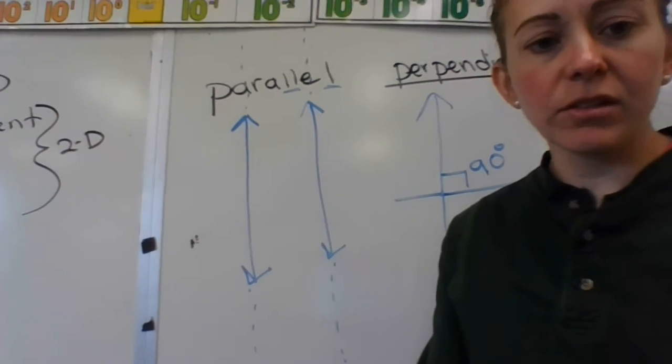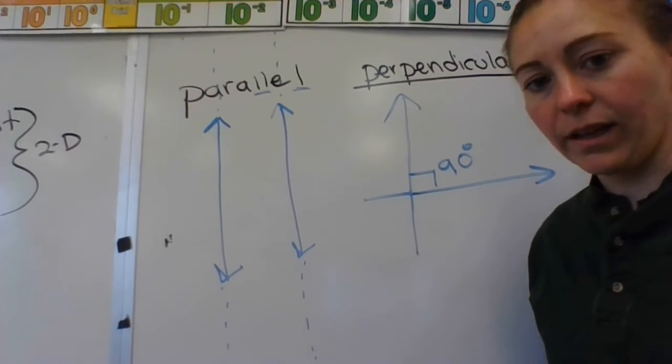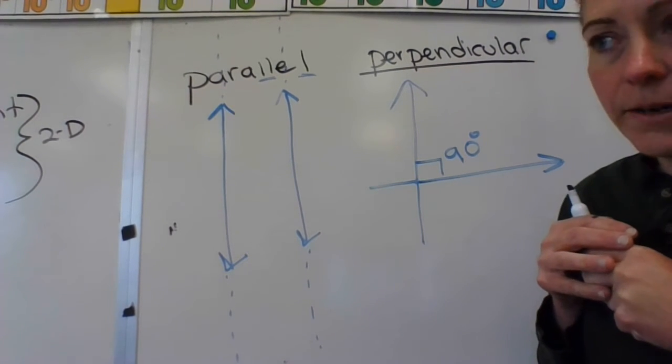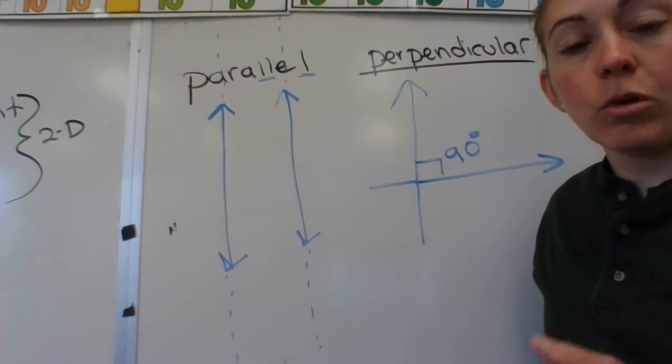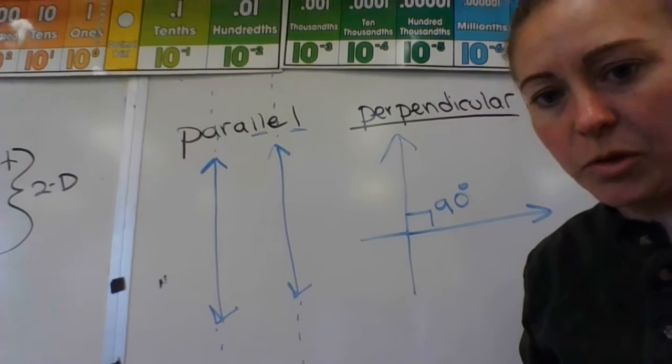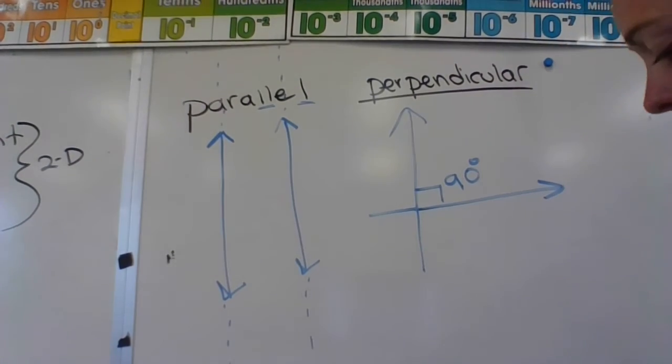So think of intersections in the street that cross at 90 degrees, or maybe field rows, or window panes, or remember at the top of our ceiling, if you look up, it crosses at 90 degrees right there at the light. You can see that right there. Those are all crossing at 90 degrees. So I hope this helps you identify perpendicular and parallel lines.